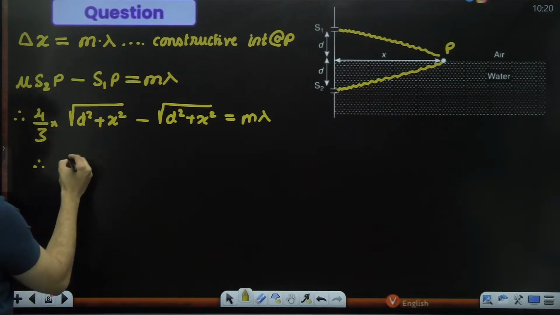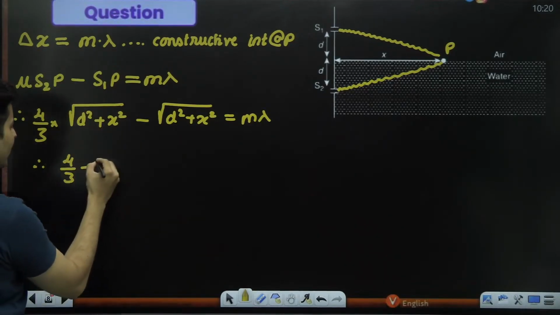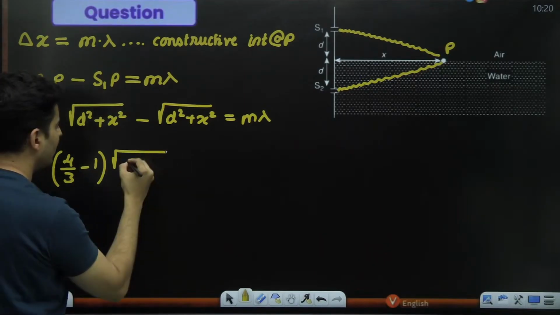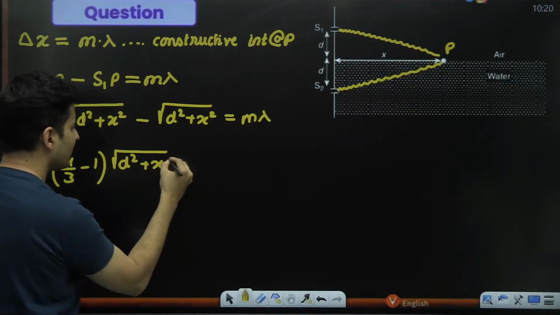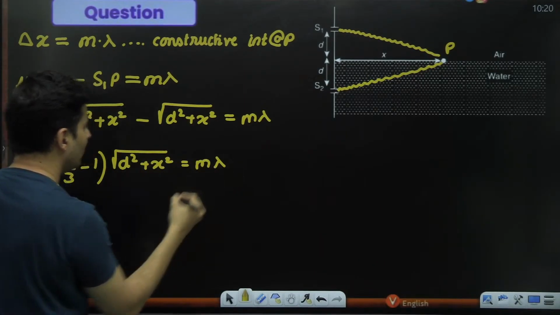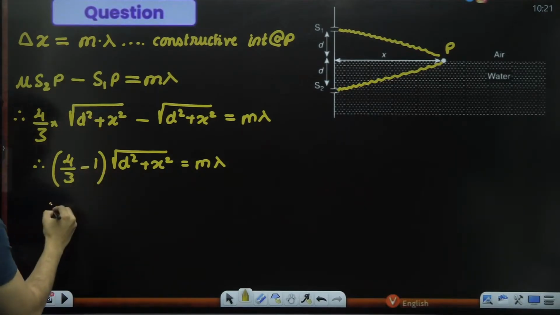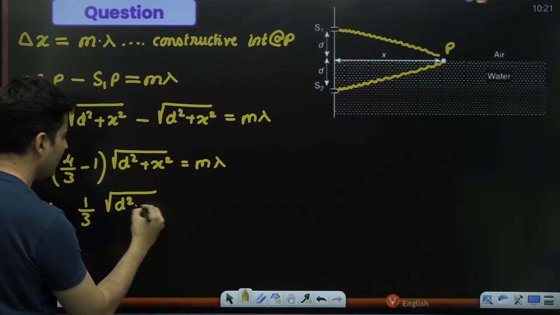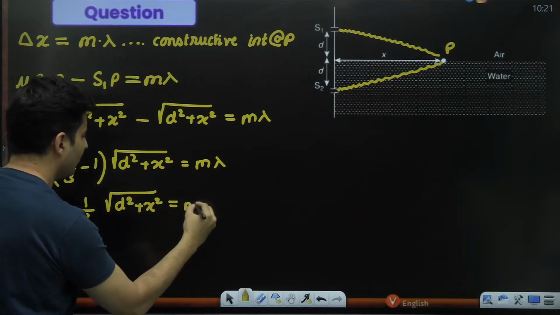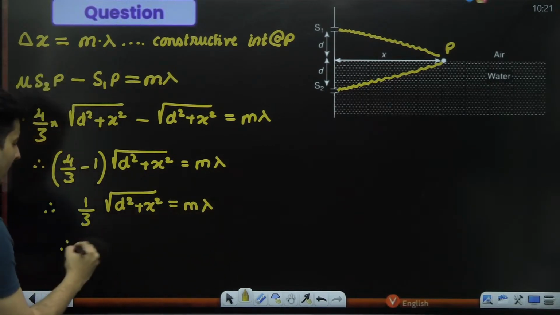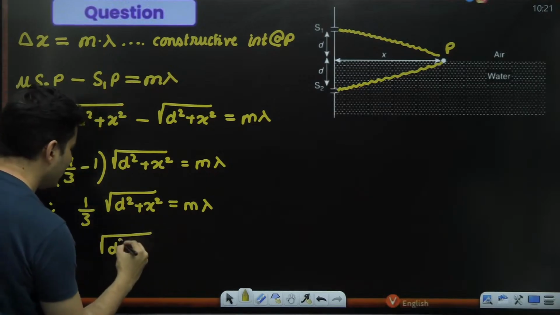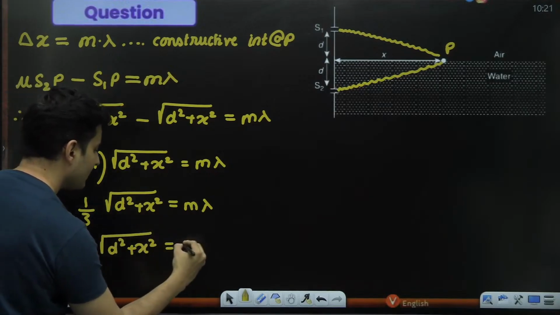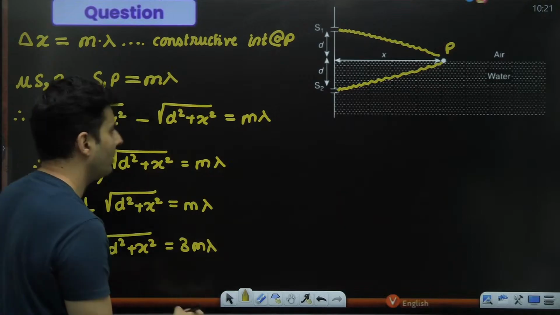Root of d squared plus x squared is common. So 4/3 minus 1, which is 1/3, times root of d squared plus x squared is m times lambda. Take 3 on the other side. So root of d squared plus x squared is 3m times lambda.